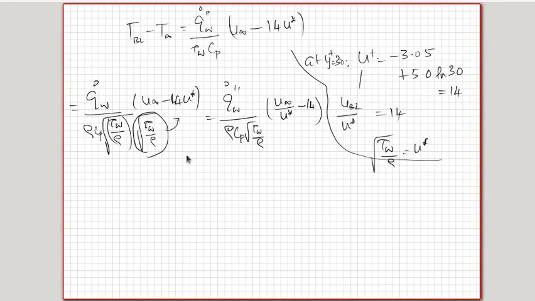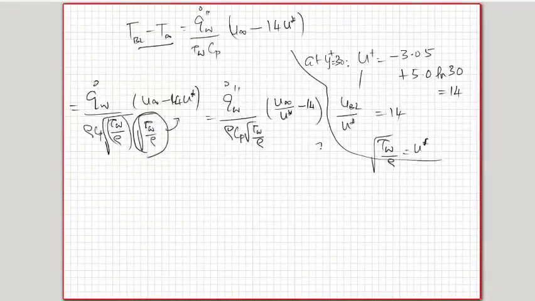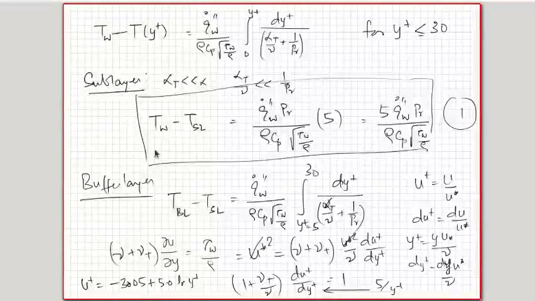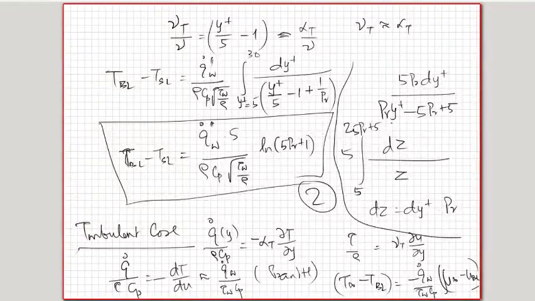So now I have an equation. This is equal to TBL minus T infinity. So this is an equation which I call equation number 3. So if I add these three equations, equation number 1 is Twall minus TSL, and equation number 2 is TBL minus TSL.